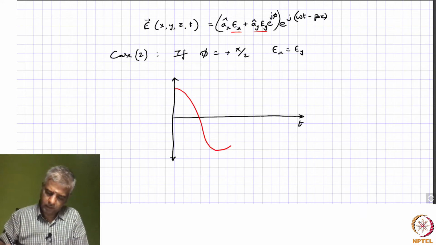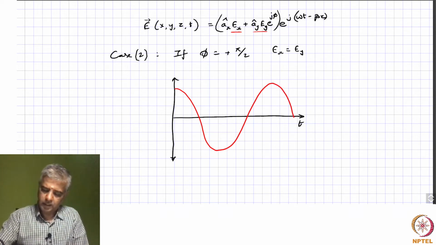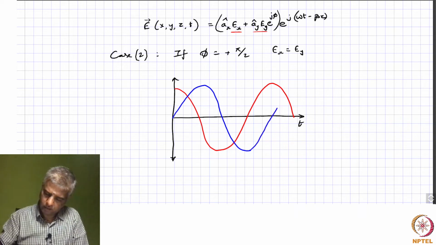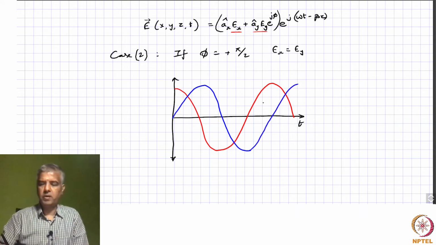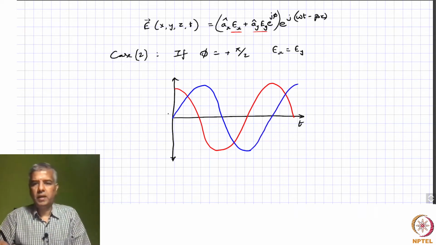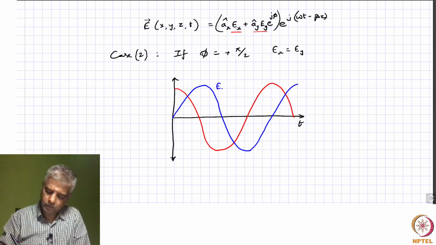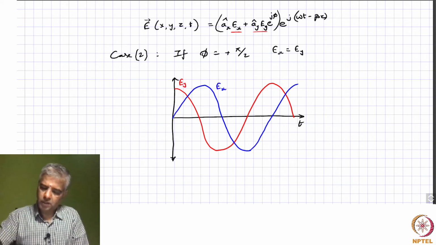So, Ey is something like this, and Ex now is going to come like this. Ex is going to evolve like this, and both are having equal amplitude. Okay. So, this is your Ex and this is your Ey.